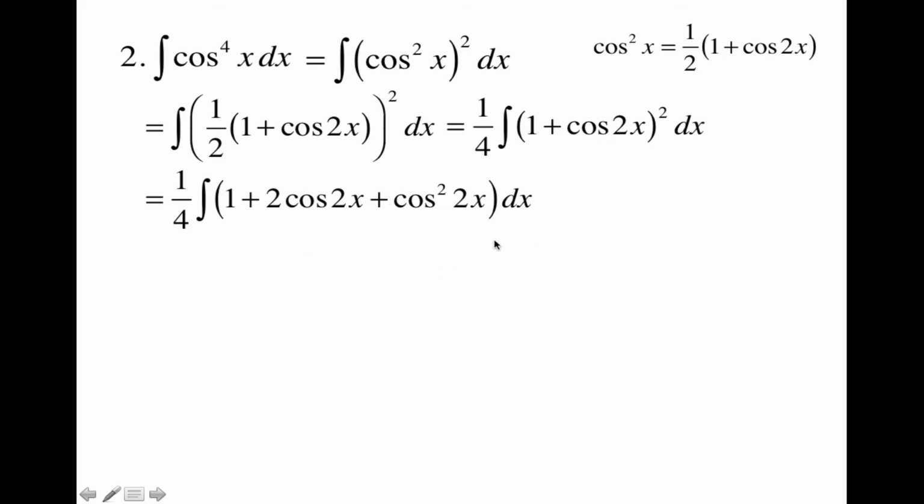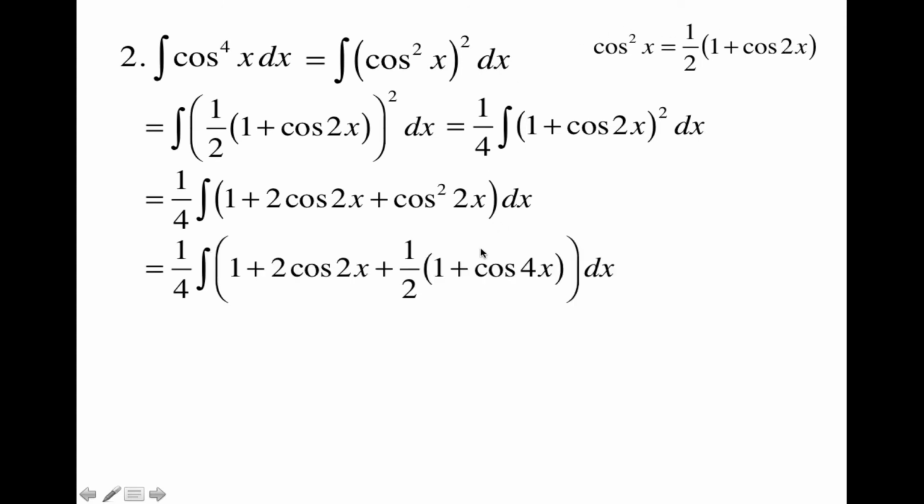Now, after I expanded out this binomial, I can use the cosine squared half angle identity because I have a cosine squared 2x, and I can apply this, but instead of just a 2x in this cosine, I'm going to have a 4x.